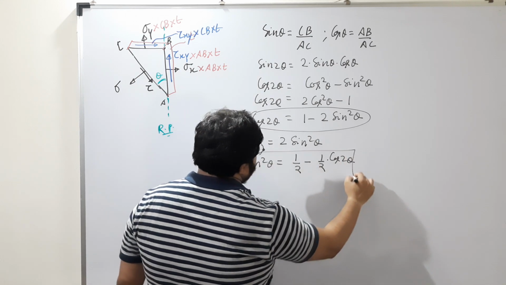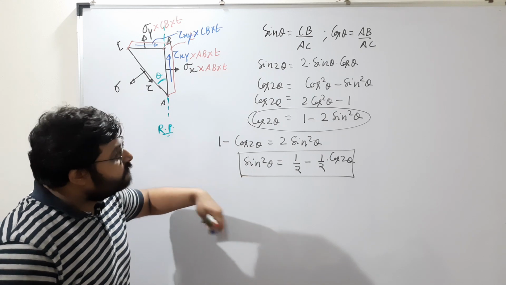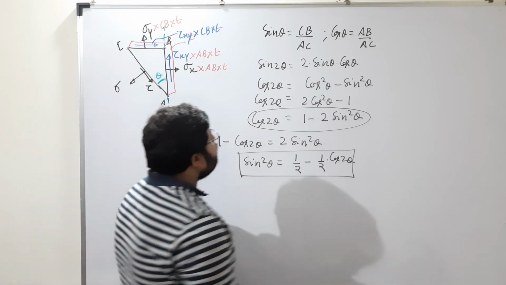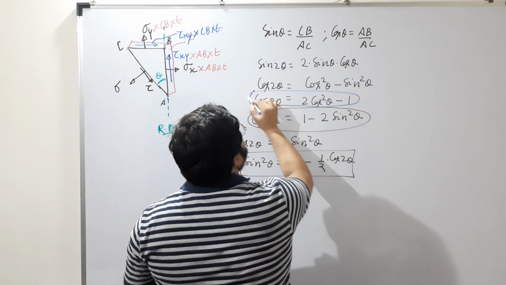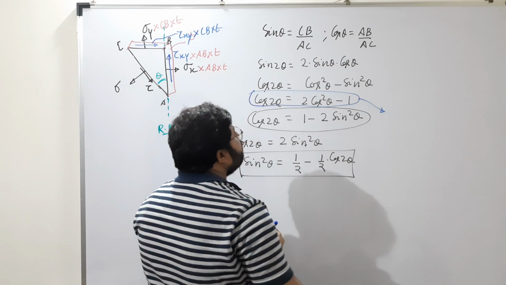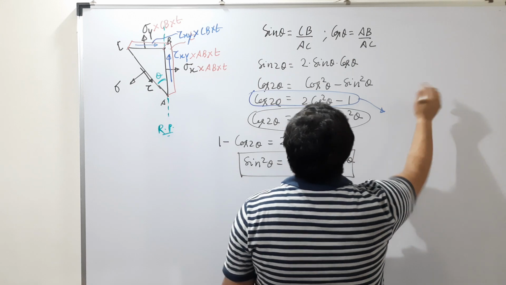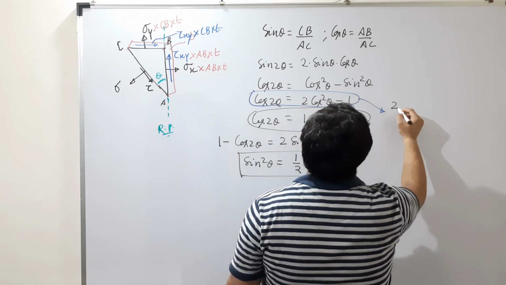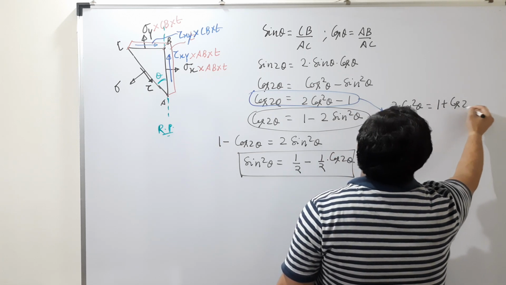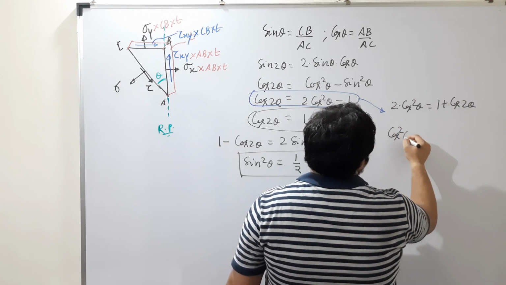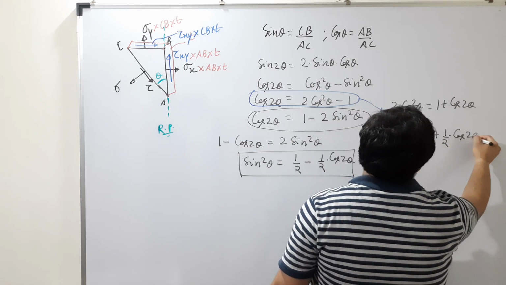This is again an important relation because we are going to use this expression in future, right? In the same manner, if you look at this equation, we will get the value of cos square theta. With this equation we can write 2 cos square theta is equal to 1 plus cos 2 theta. That means cos square theta can be given as half plus half cos 2 theta.